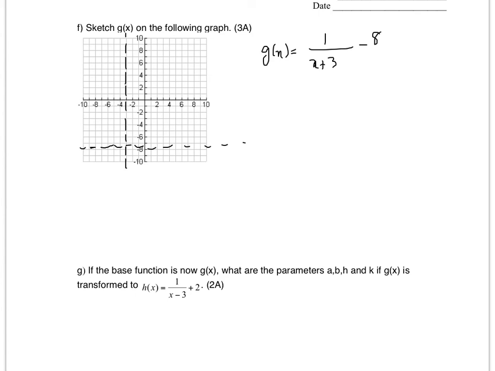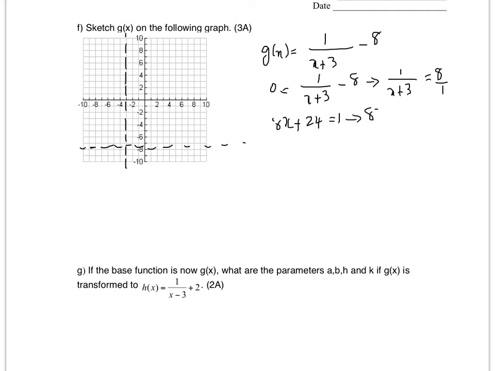The x-intercept is when g of x or y is equal to 0, and it can easily be seen that if g of x is equal to 0, 1 over x plus 3 minus 8 is 0, so 1 over x plus 3 becomes 8. So if I cross multiply, I get 8x plus 24 is equal to 1.